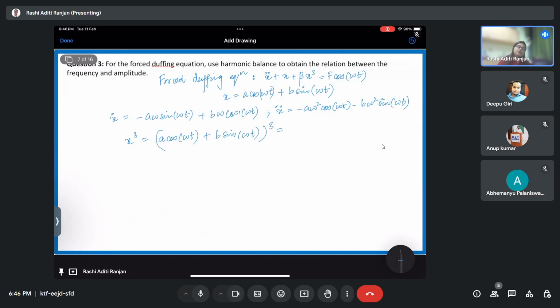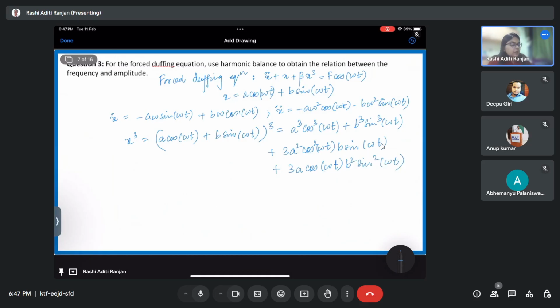Using the a plus b whole cube formula, we can have a cube cos cube omega t plus b cube sin cube omega t plus 3 a square cos square omega t into b sin omega t plus 3a cos omega t b square sin square omega t.